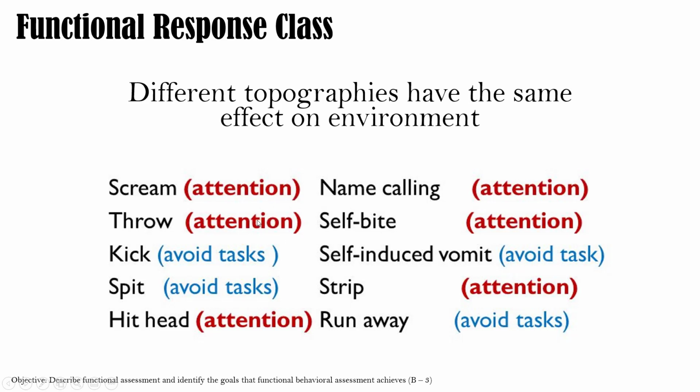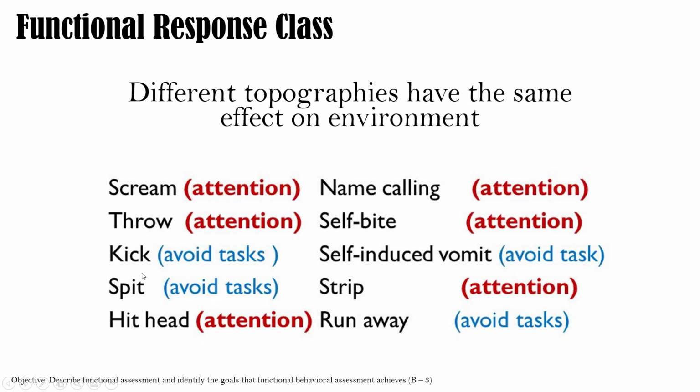So all of the behaviors that the function is attention for, they all enter into a functional response class. So if he wants attention, he can engage in any one of these behaviors in this response class, and they all function for attention. The function is all attention.